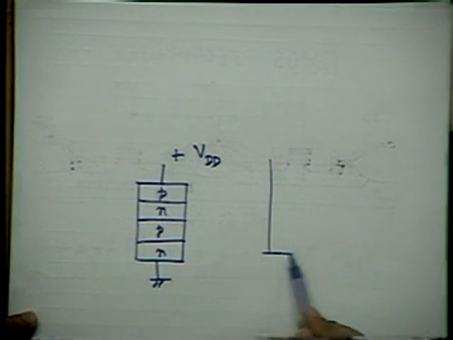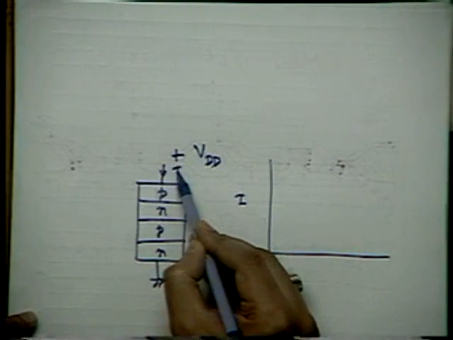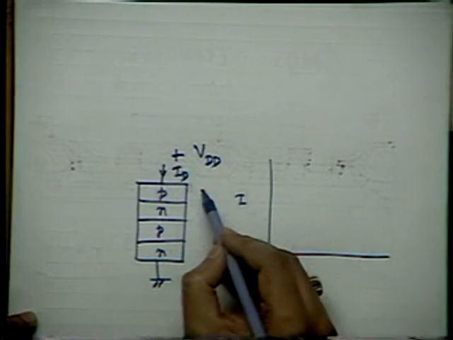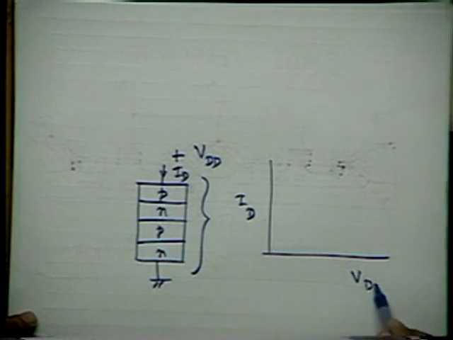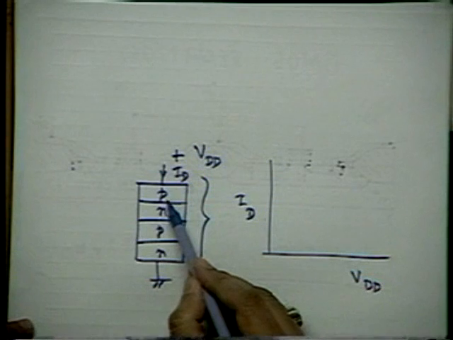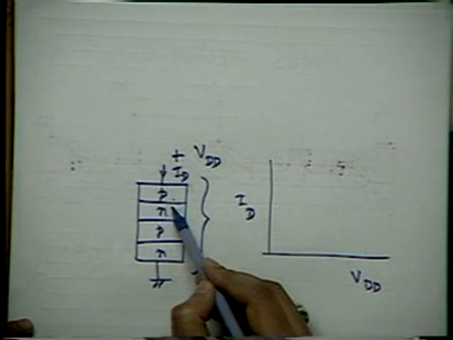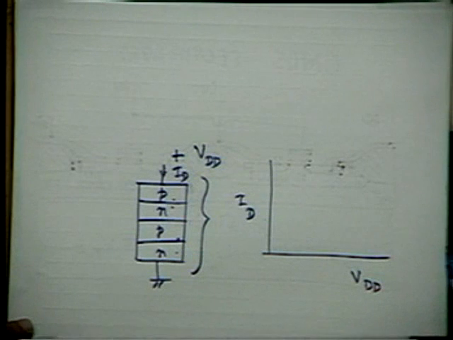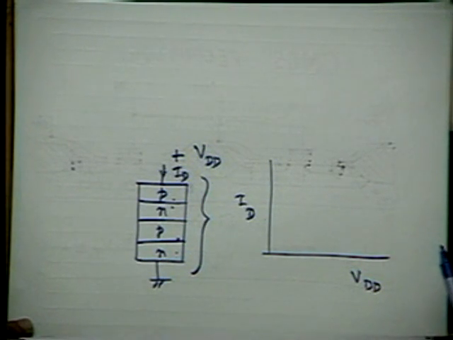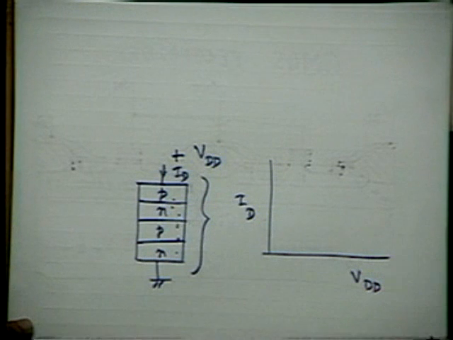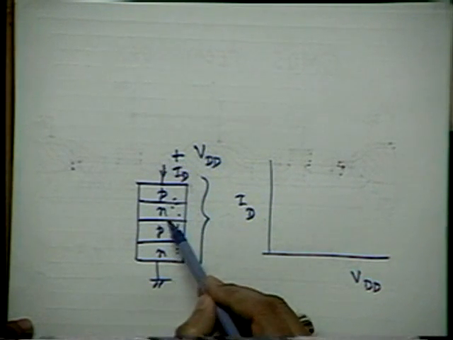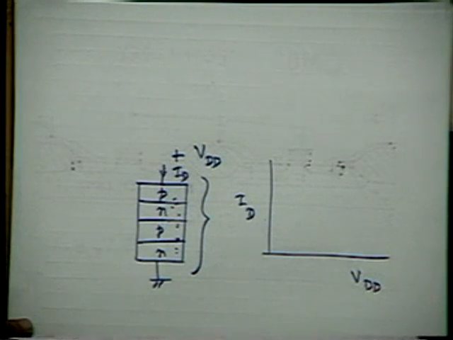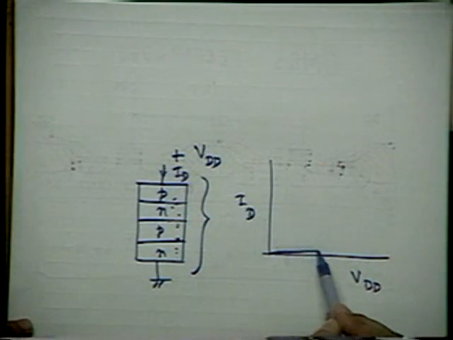If you draw ID versus VD, this voltage I am calling VDD. So ID versus VDD. What will happen? Initially, because this is positive bias, this junction is forward biased, this junction is forward biased, and the middle junction is reverse biased. We have seen it. So initially, this will be like this.